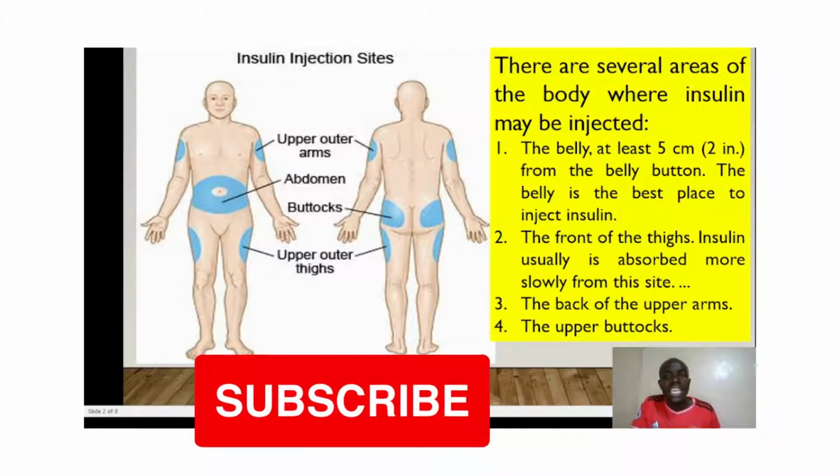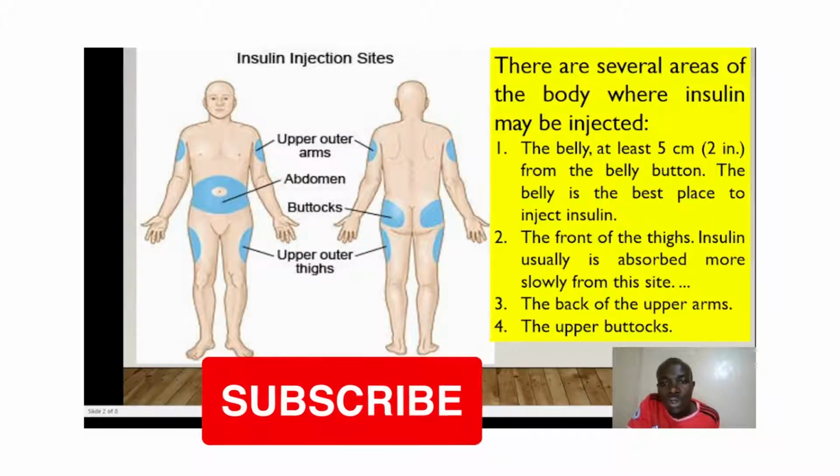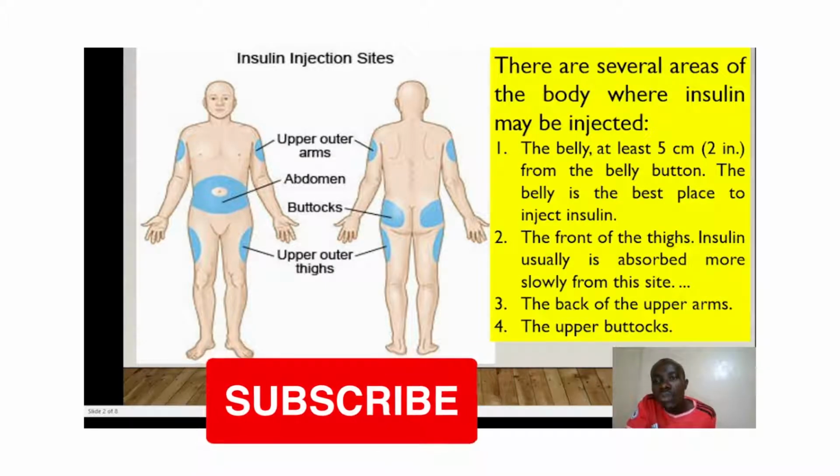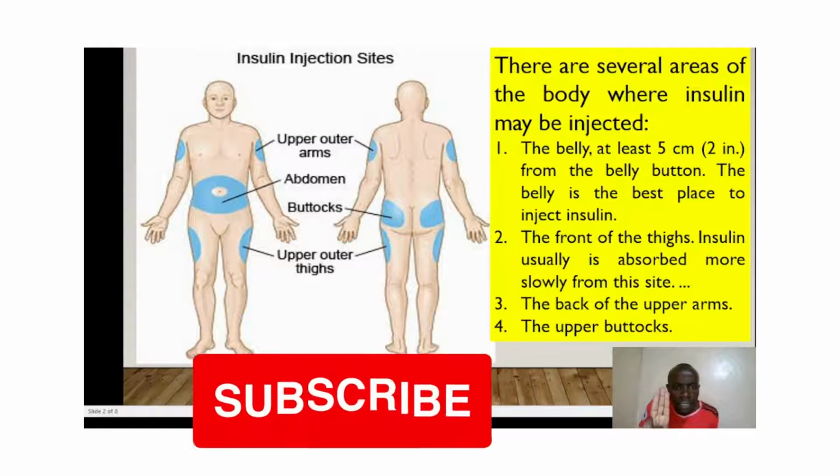It provides a good amount of subcutaneous tissue and a large surface area for rotating injection sites. The recommended area is around the belly button, but at least 2 inches, that is 5 centimeters, away from it. That is about two to three fingers.